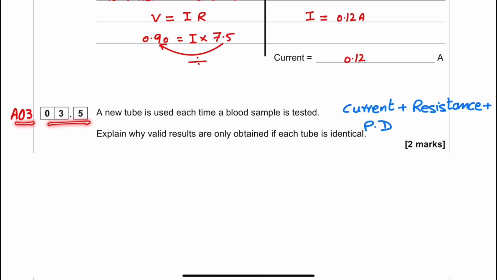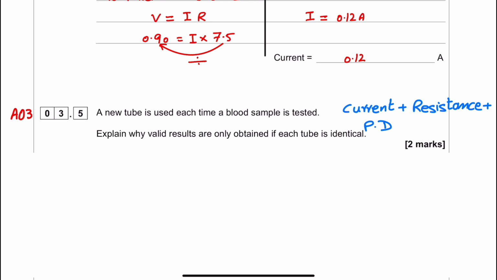3.5 is an AO3 question. A new tube is used each time a blood sample is tested. Explain why valid results are only obtained if each tube is identical. The question is why the tube is the same type or identical in our investigation.